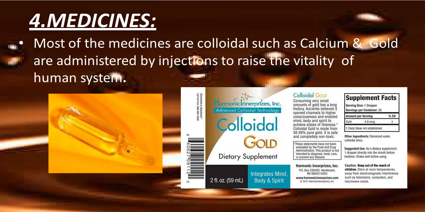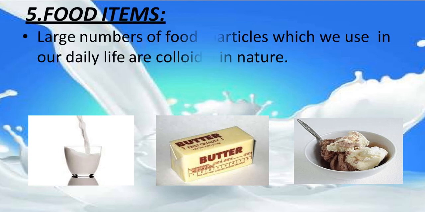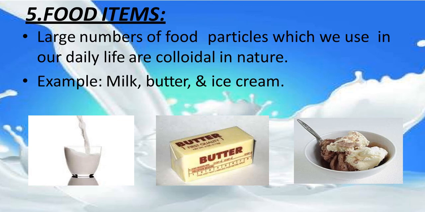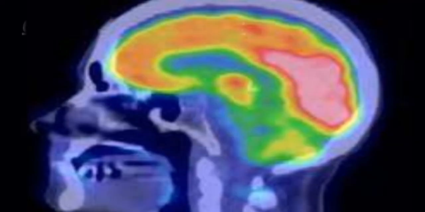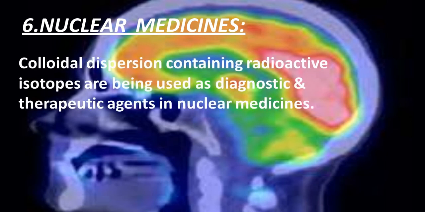Most medicines are colloidal, such as calcium and gold, administered by injections to raise the vitality of the human system. Food items: a large number of food particles which we use in our daily life are colloidal in nature. We have examples here: milk, butter, and others.